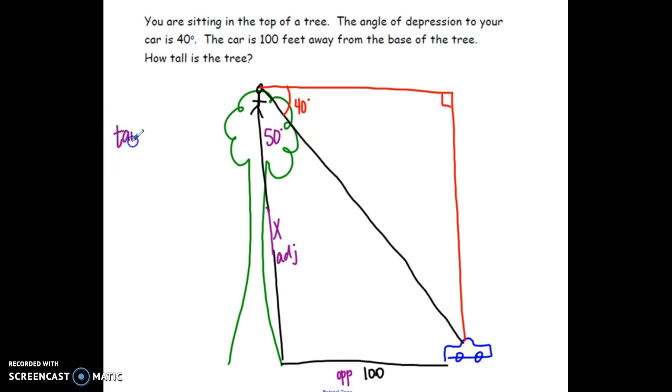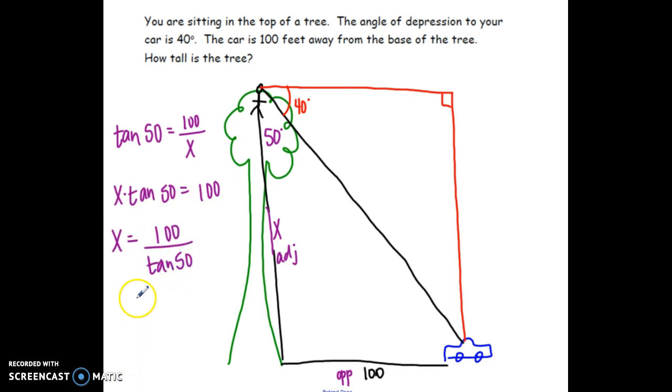So we're going to say the tangent of 50 degrees equals 100 over X, and we're going to solve for X. So that means X times the tangent of 50 equals 100, and therefore 100 divided by the tangent of 50 will actually give us the height of that tree.